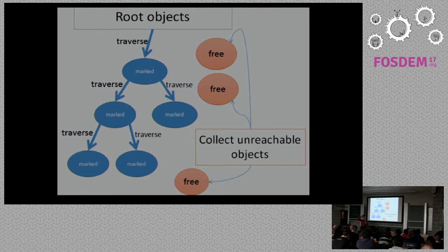But anyway, we start at our root object and traverse down the object graph until we've marked everything that references each other. Then any object at the end of that which hasn't been marked is free because nothing's referencing it, right? Pretty simple.